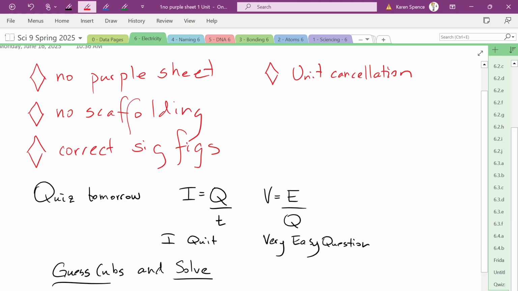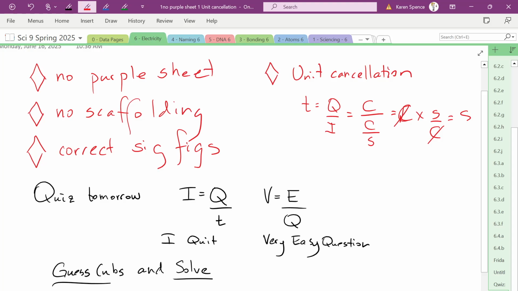Okay, so that's going to be like where you have T is equal to Q over I, which is equal to coulombs over coulombs per second, which is equal to coulombs times seconds per coulomb equals seconds.